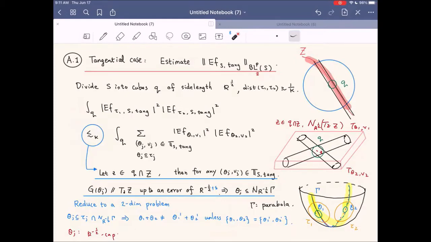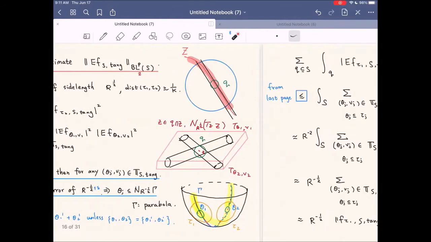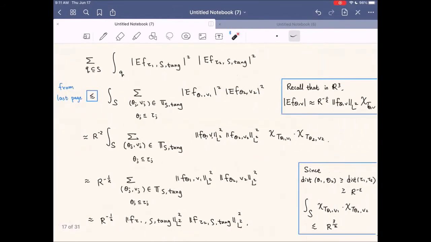This is done by expanding those sums, and then we only have the diagonal term, and the non-diagonal term will have zero Fourier support. Okay. This inequality is from last page.